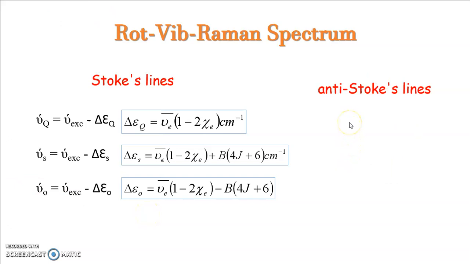Then we have another set of lines known as anti-Stokes lines. What can be the frequency there?